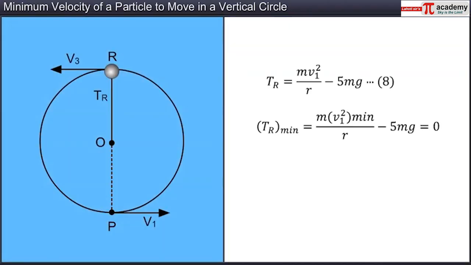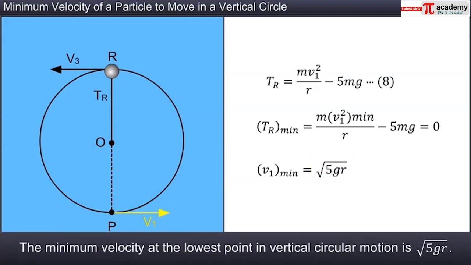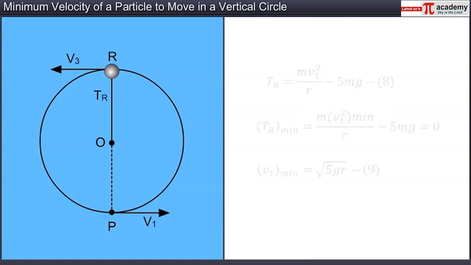By taking Tr equal to 0 in equation 8 and solving it, we get v1 minimum is equal to square root 5gr. That is, the minimum velocity at the lowest point in vertical circular motion is square root of 5gr. Let this be equation 9.